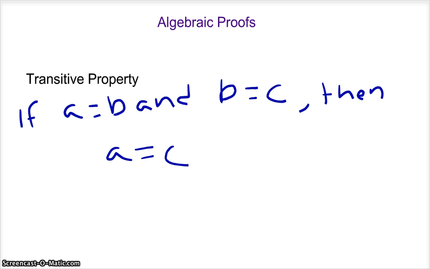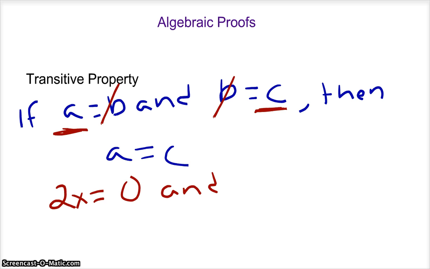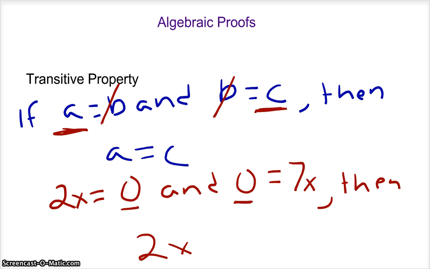If A equals B and B equals C, then A equals C. They canceled out the B's, and what you were left with is A and C. Which makes sense. Like if I said that 2x equals 0 and 0 equals 7x, then since both of them equal 0, that means 2x has to equal 7x. Transitive property.